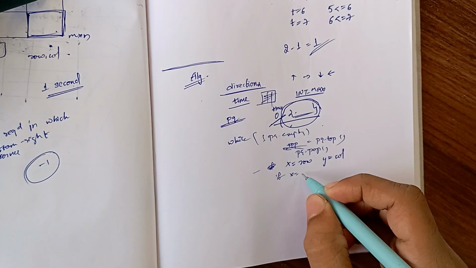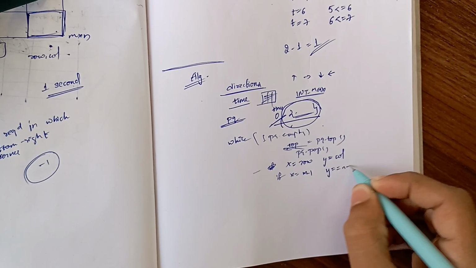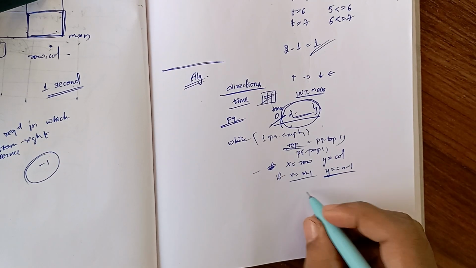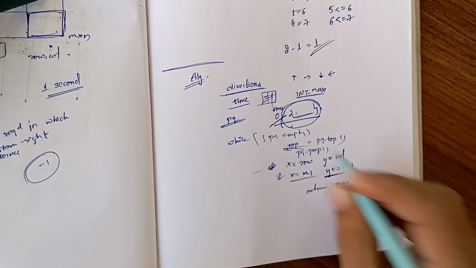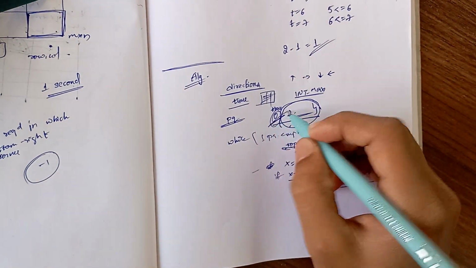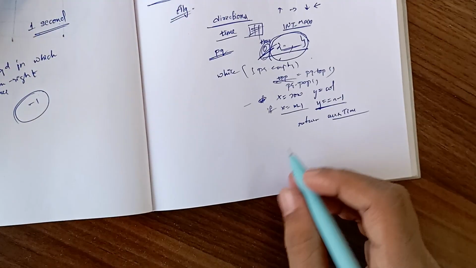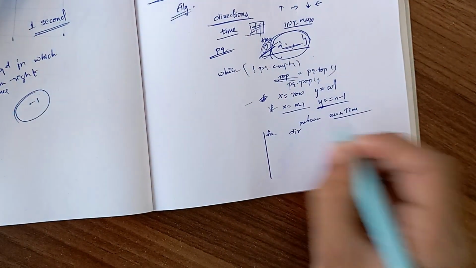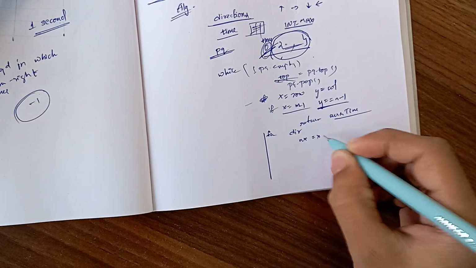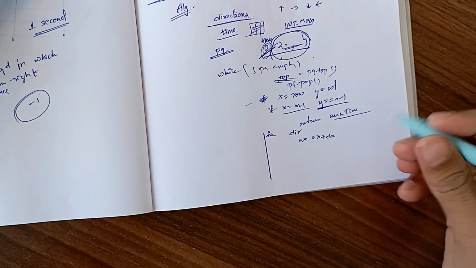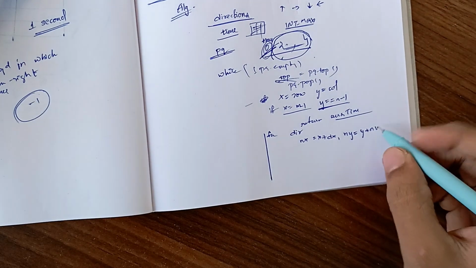If x is equal to n minus 1 and y is equal to n minus 1, meaning we reached our target, then we return our current time. The current time will be, as I said, what PQ stores: the time and the indices where we got that time. Now we'll be iterating through our directions. The new x will be x plus dx, and new y is equal to y plus dy.